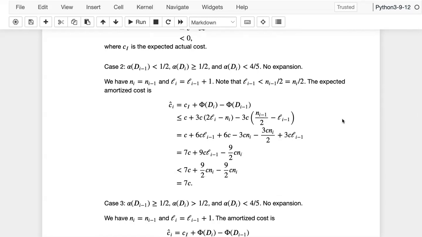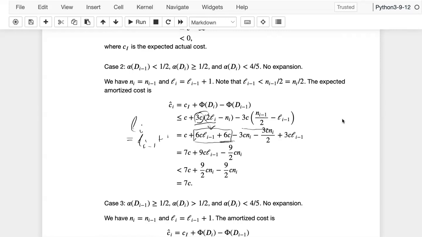Quickly, we know this is 6c times l sub i minus 1, and l sub i is equal to l sub i minus 1 plus 1. So the 6c comes in from here, that's 6 copies. And then there are 3c, so this is a negative 3c l sub i, and then this is 3c n sub i over 2.